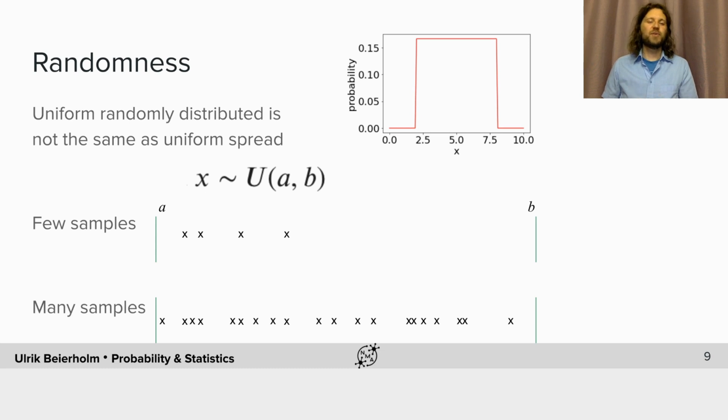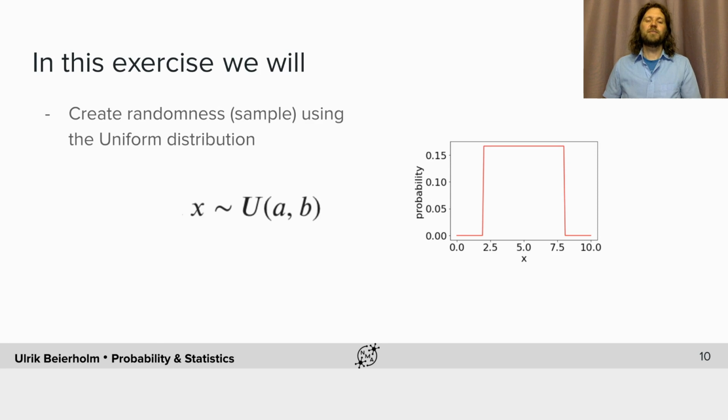So, if you have few samples, for example, you might find that they're not actually spread around nicely, and instead they will be random. So having some intuitions about what randomness means is important. And in the first exercise that you'll be doing, you will indeed be trying to do some sampling from the uniform distribution and get a little bit of a feel for how random it can actually be. So good luck.